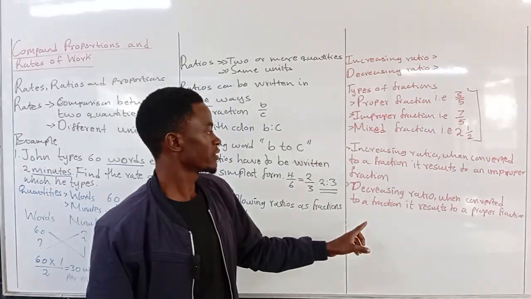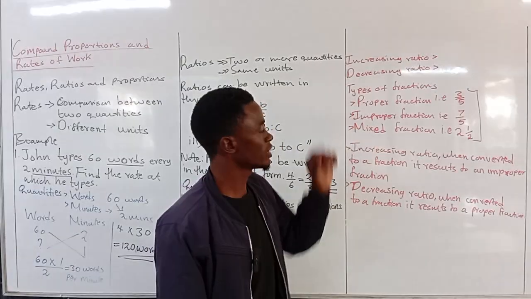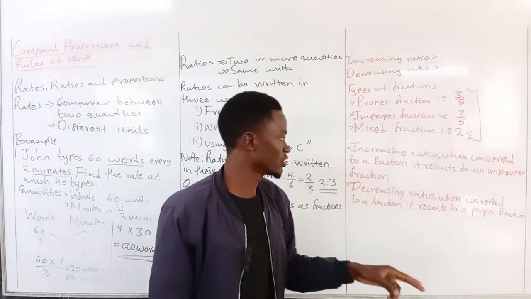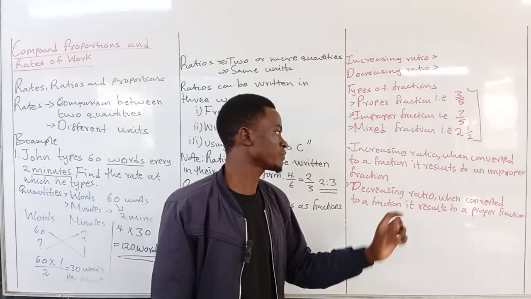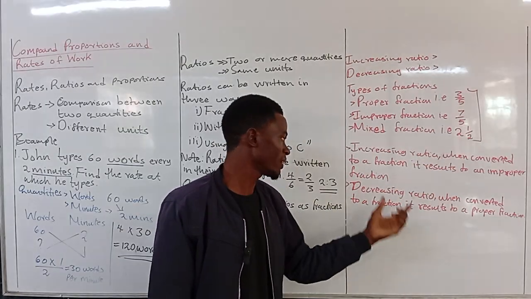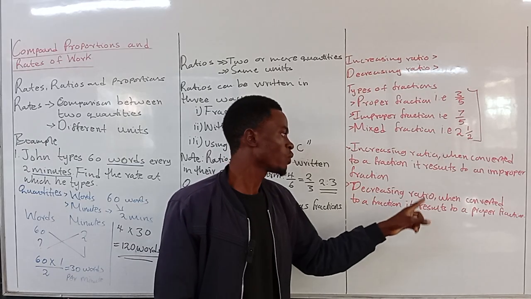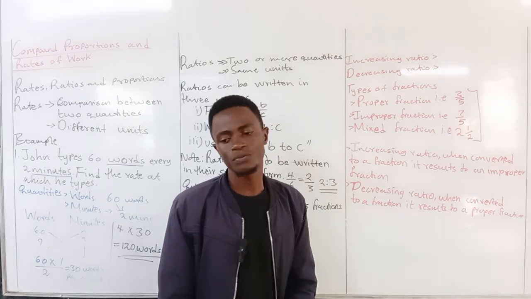These two statements are very powerful when we are working with increasing ratios and decreasing ratios. The first statement: an increasing ratio, when converted to a fraction, results in an improper fraction. And number 2, a decreasing ratio, when converted to a fraction, results in a proper fraction.